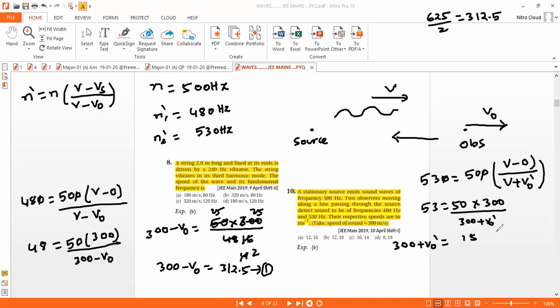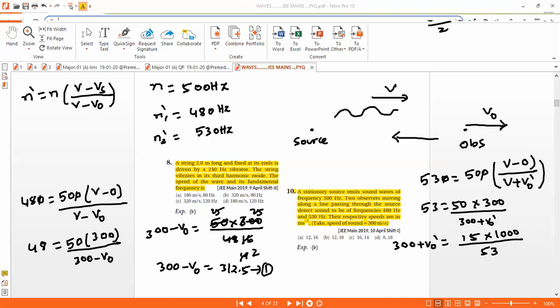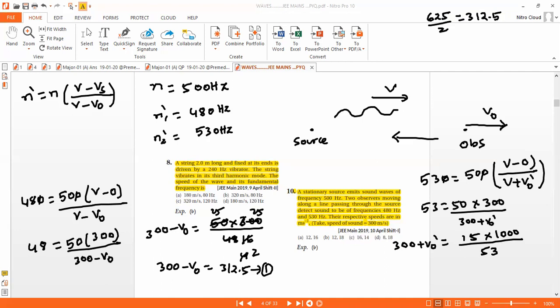15 into 1000 by 53. How much do we get? 15 divided by 53 is approximately 0.283. 0.283 into 1000 is 283.